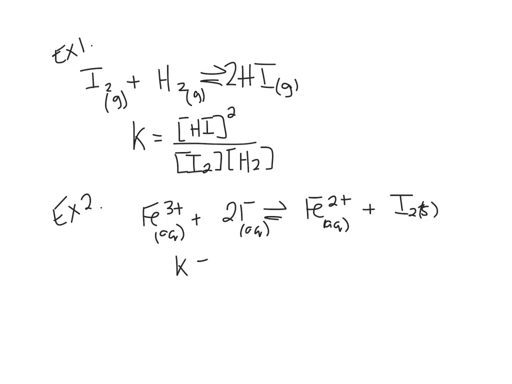So K is still products over reactants, so it's iron 2 plus over iron 3 plus times I negative 1 second order. So sometimes you're going to have elements that don't seem to be balanced in your K expression. Don't worry about it. It's not about balancing. The chemical equation is balanced. Solids cannot be in your K expression.